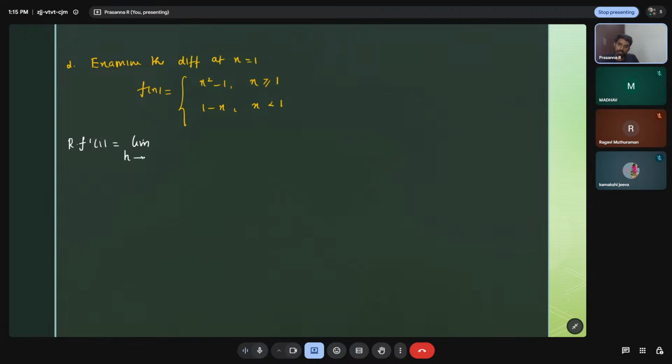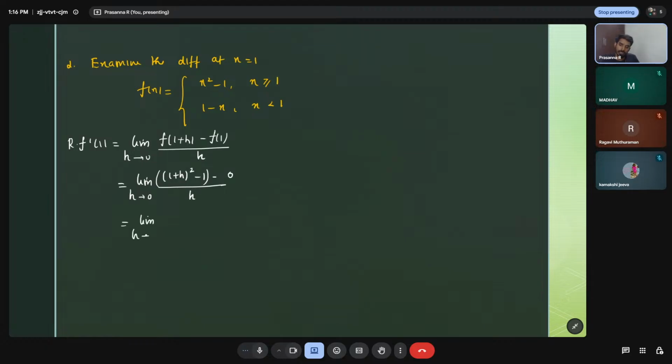So limit h tending to 0, f of 1 plus h minus f of 1 by h. What is f of 1 plus h? 1 plus h is here, so this is 1 plus h whole square minus 1. In this function, you replace x by 1 plus h. Minus f of 1, which is again from here 0, divided by h.